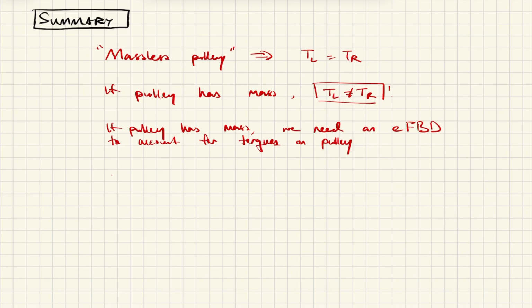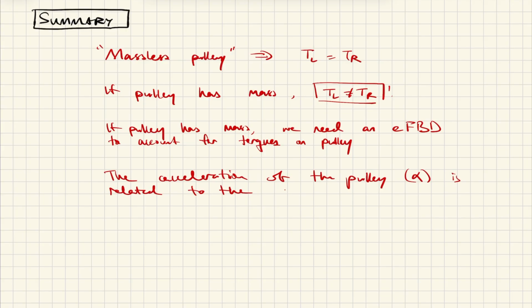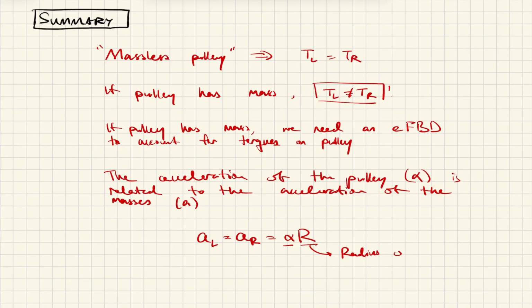In this case, the acceleration of the pulley, alpha, is related to the acceleration of the masses, which we'll call A. So we can extend our constraint on the accelerations by saying we know that AL equals AR equals alpha times R, where alpha is the angular acceleration of the pulley, and R is the radius of the pulley.